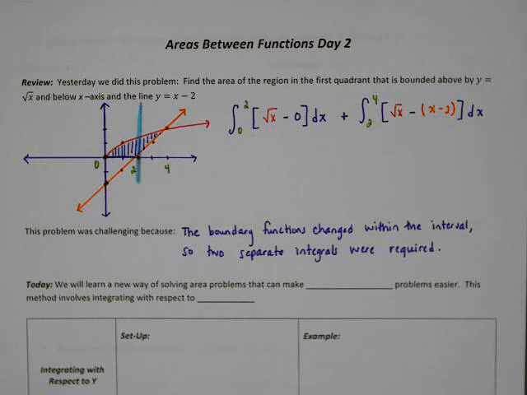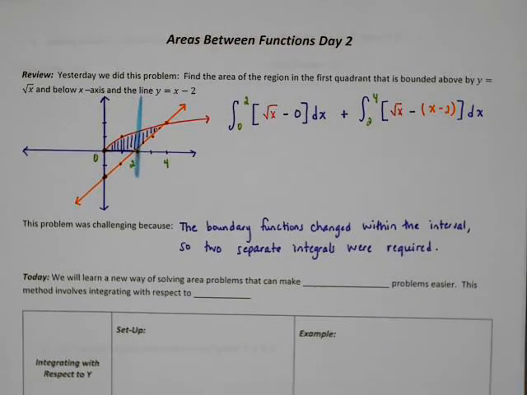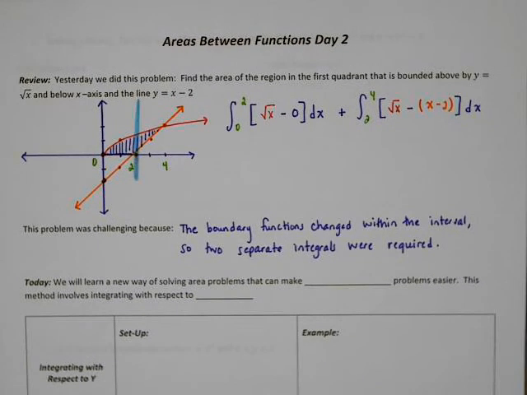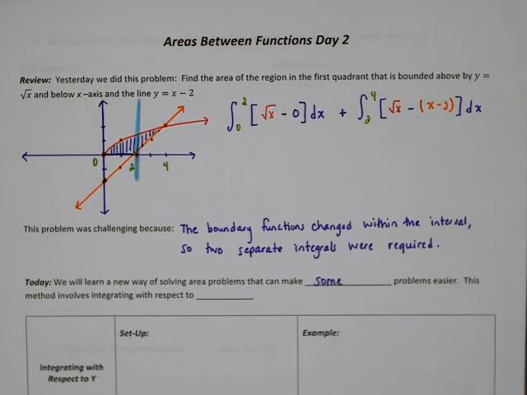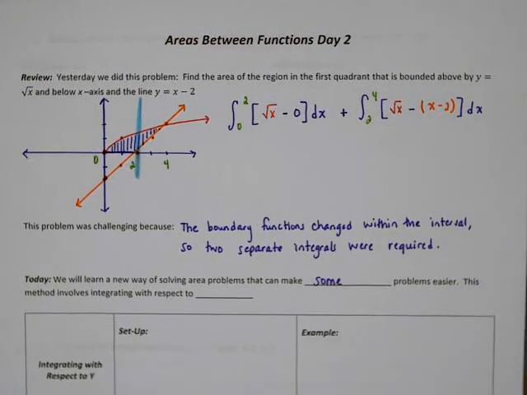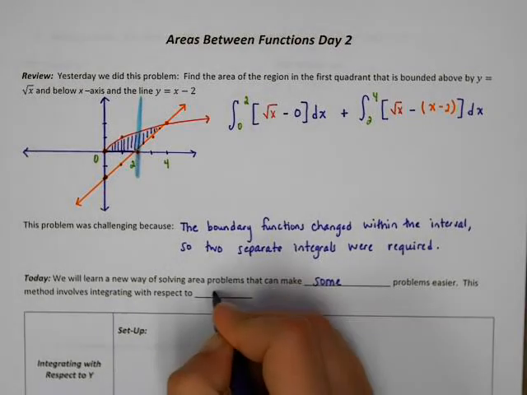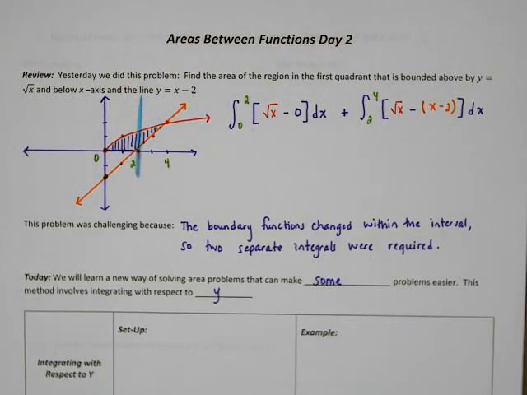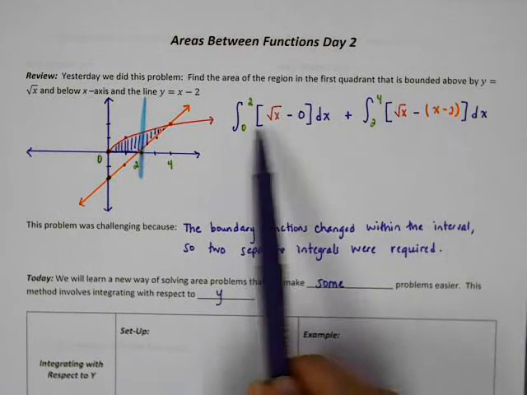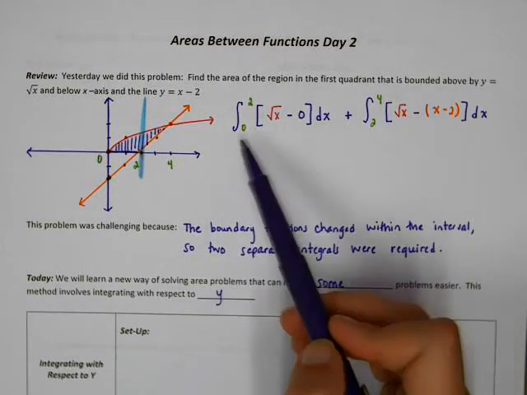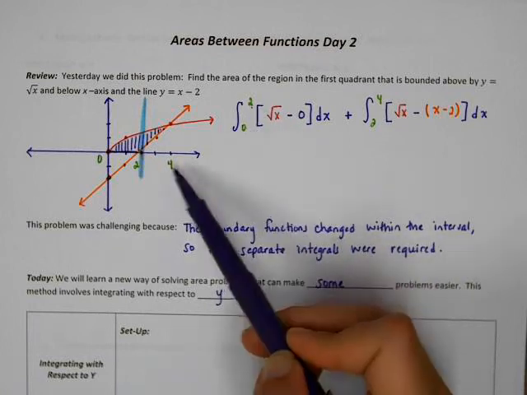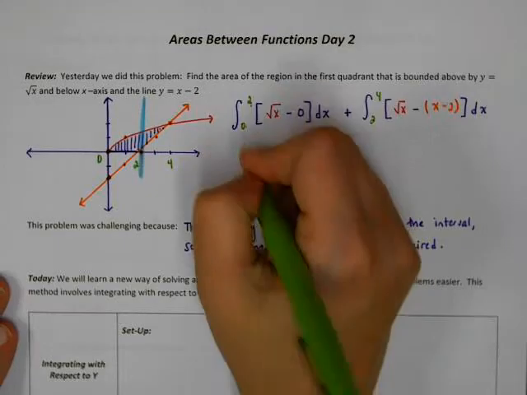Today, what we're going to learn is that there's another way of setting up these area problems that can make some of these problems easier. This method involves what we call integrating with respect to y. Now, what I want you to notice about the integrals that we've set up so far, within the integral, the bounds here are both x values.